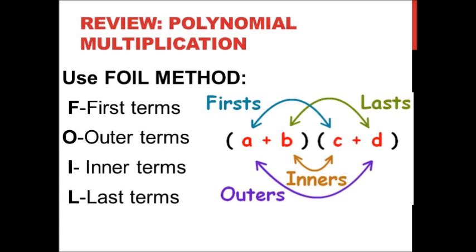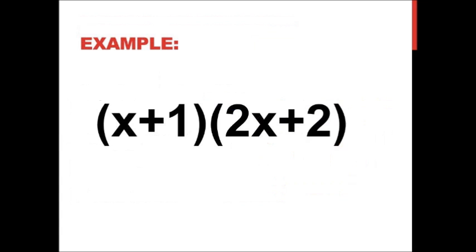So let's have a quick review of how to multiply basic polynomials. Polynomials are multiplied by the FOIL method. You multiply the first terms, outer terms, inner terms, and last terms. Then you add all like terms together, right?